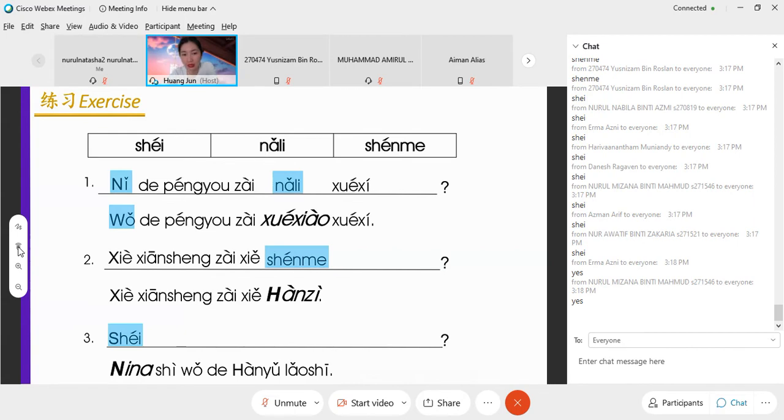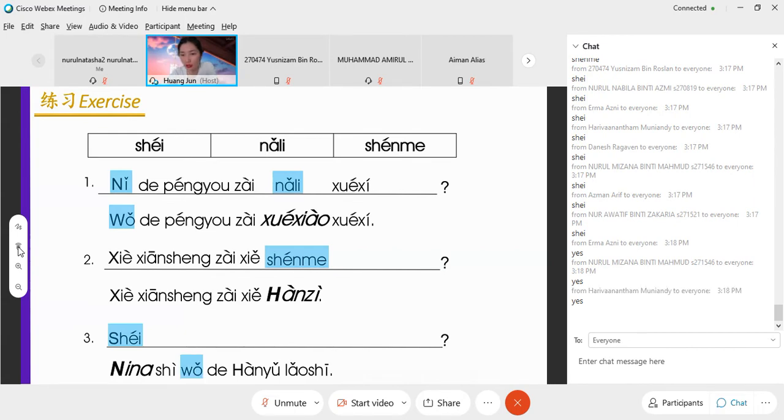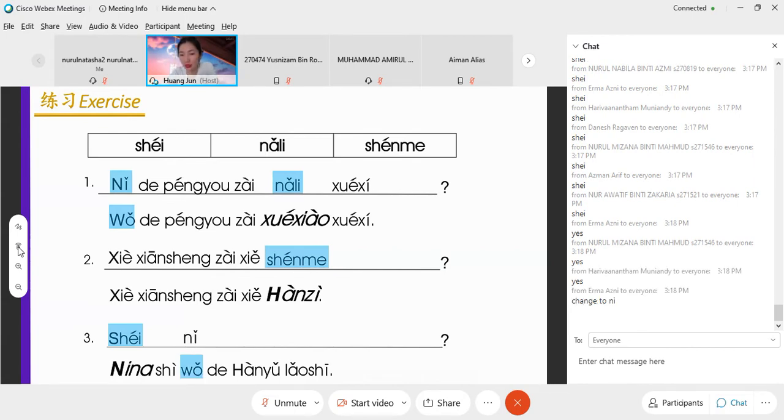Yes, so find the word 我 and change it into 你. How do you ask the whole sentence? Type your whole question part.